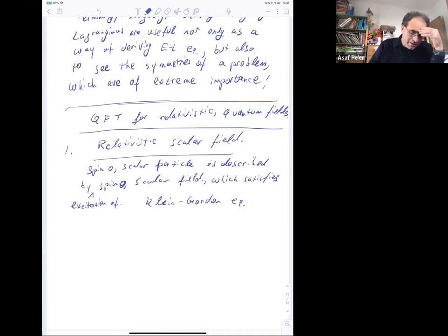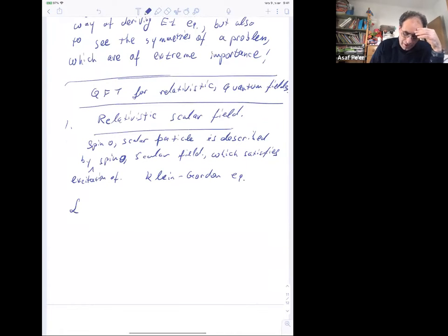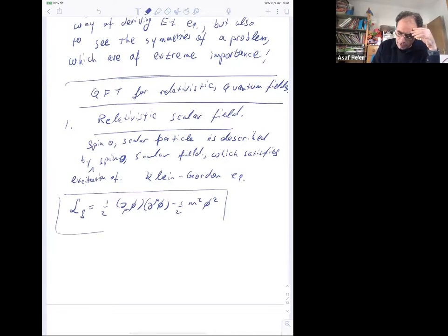So the way to write this is L, the Lagrangian, L_S, sorry, is 1/2 d_mu phi d^mu phi minus 1/2 m squared phi squared. This is the Lagrangian. This is the Lagrangian that retrieves Klein-Gordon, right?